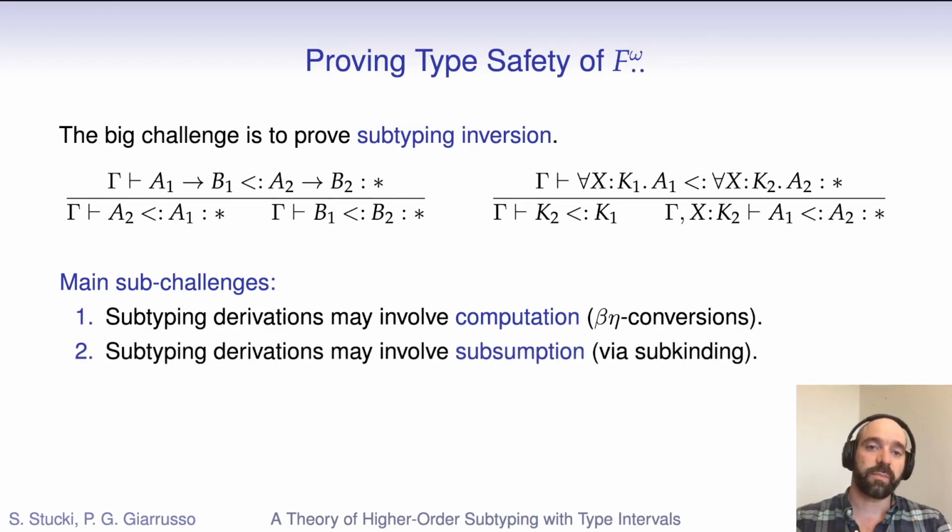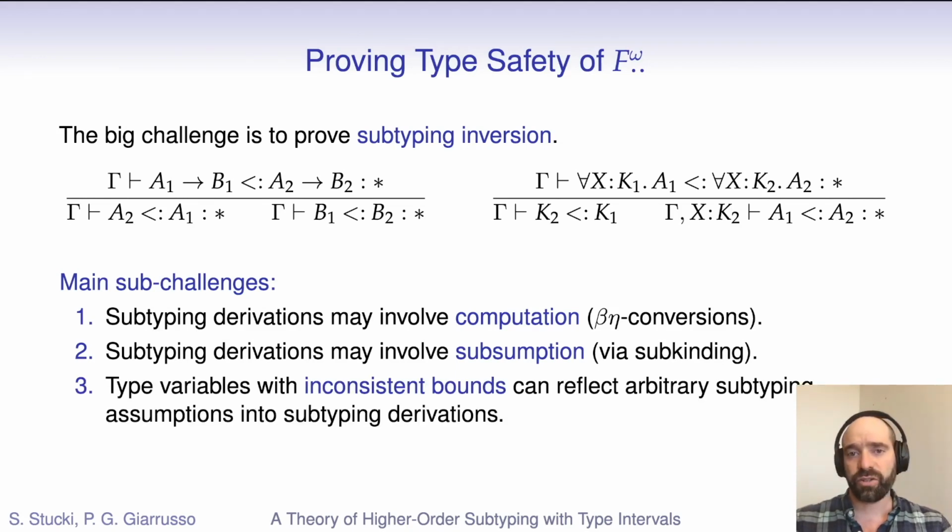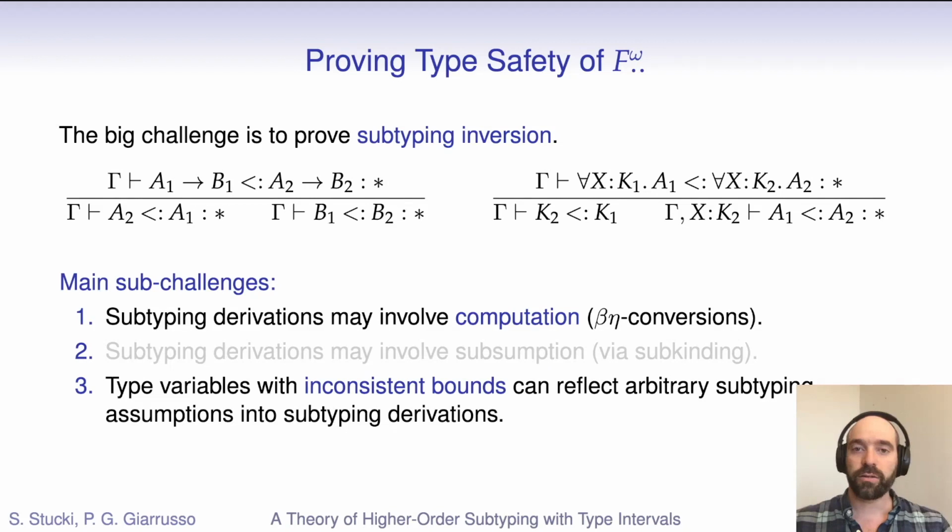Because our system has subkinding, there's a similar problem with subsumption, which can also appear anywhere in a subtyping derivation and thus block simple structural inversion. And finally, we actually have a form of subtyping reflection in F omega int, and this will destroy all the nice structural properties of the subtyping judgment. I won't go into the details of the second challenge in this presentation, but let's have a look at challenge number 1 and 3 a little bit closer.